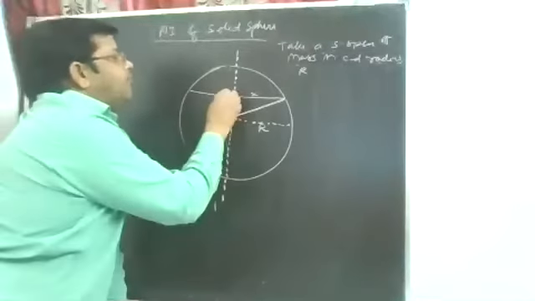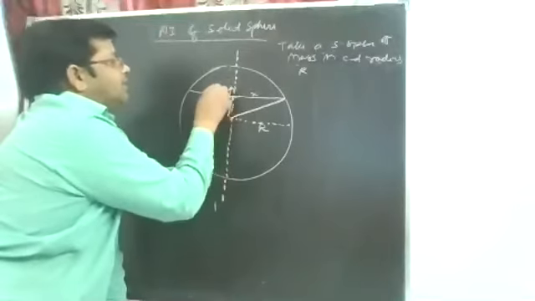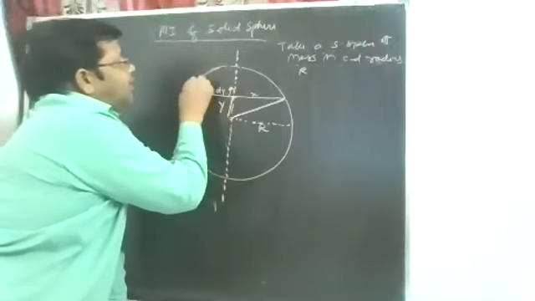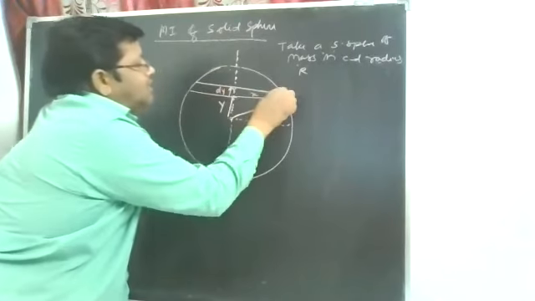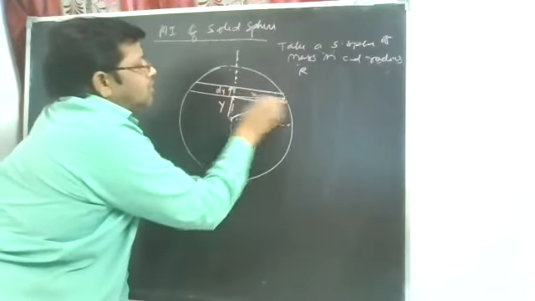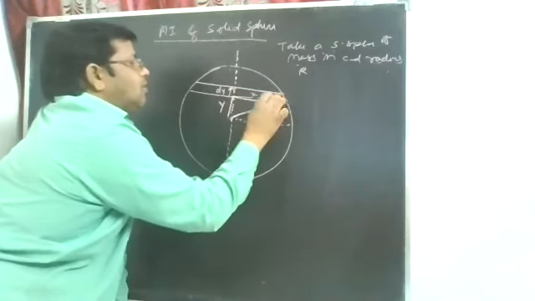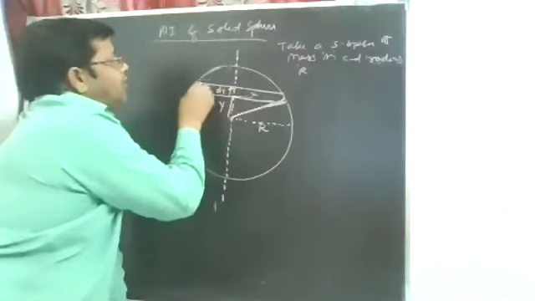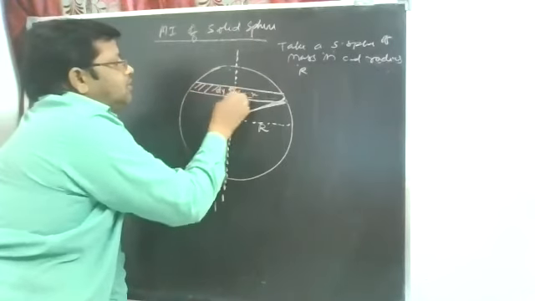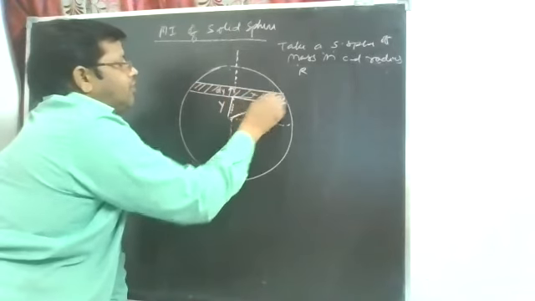You further move by dy and cut a small disc. This is the shaded figure.